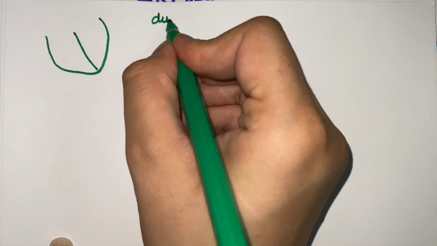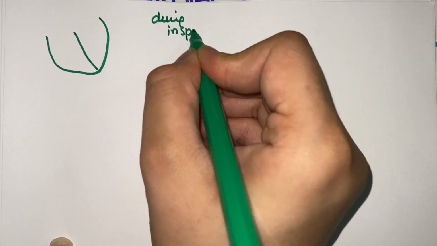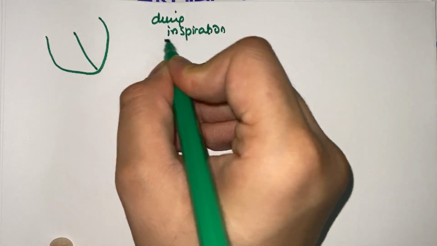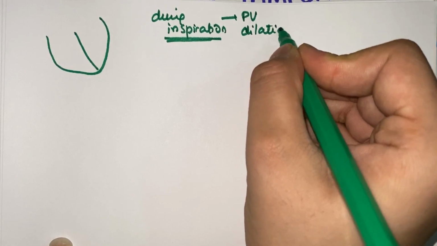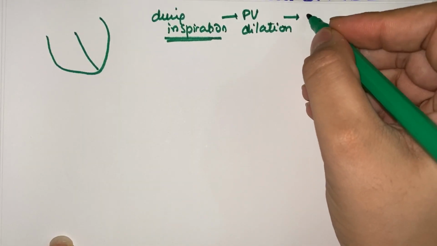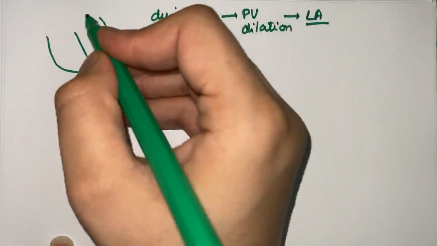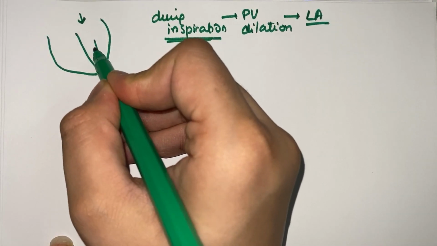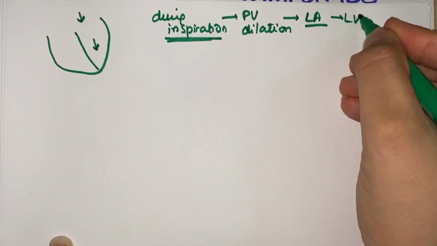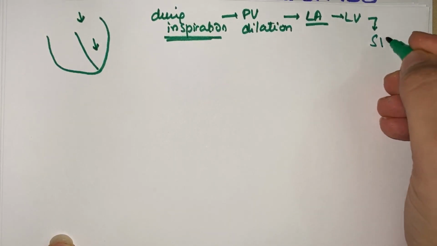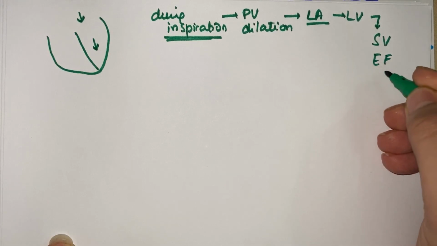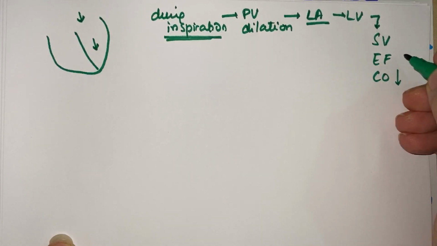So during inspiration, due to pulmonary vein dilation, less blood will reach the left atrium, and that less blood will come to the left ventricle, and hence less blood will be ejected. So stroke volume, ejection fraction and the cardiac output all will be decreased.